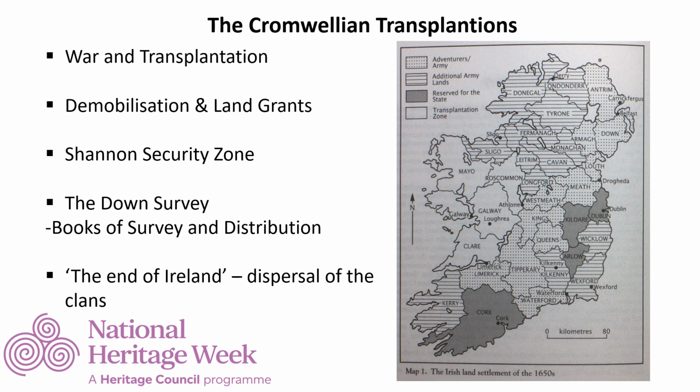And what came out of it were a series of down survey maps and the books of survey and distribution, which basically recorded everyone who had lands in 1641 and who was granted them and held the lands in 1670. So it's a great resource for understanding this transition between 1641 and the post-transplantation era.